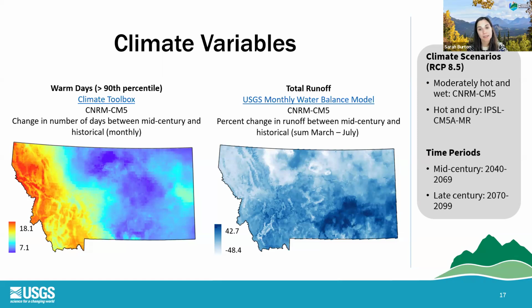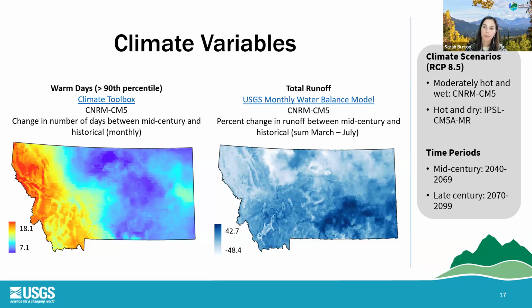And the warm days, the variable explained would be it's the change in the number of days between this one in particular is mid-century to historical or late century. The other variable that we looked at was total runoff. So this gave us things like snow melt as well as precipitation through the USGS monthly water balance model. So another existing data resource federally produced.